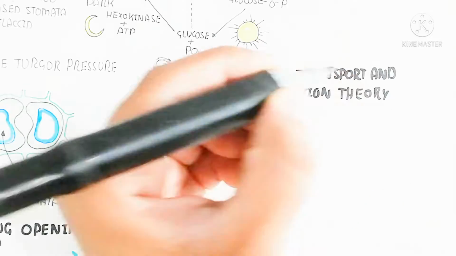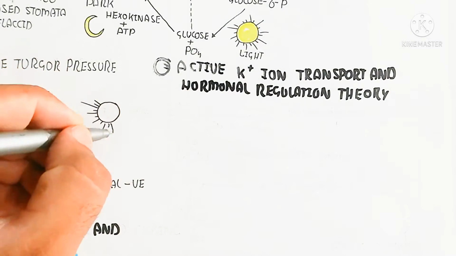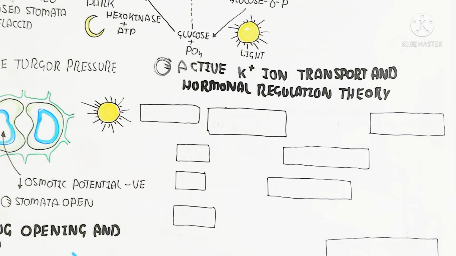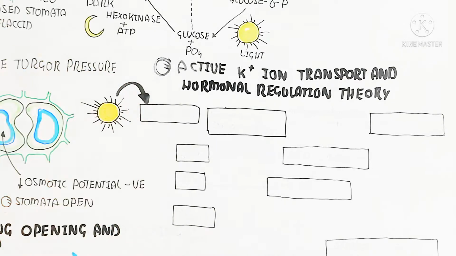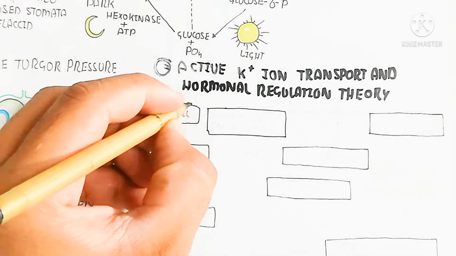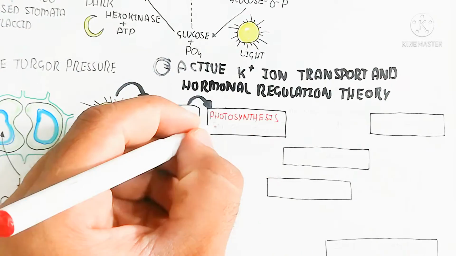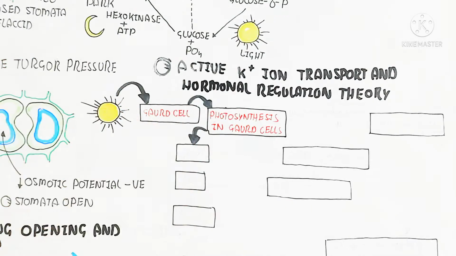Another theory is the active potassium ion transport and hormonal regulation theory. For example, during the daytime, the guard cell will be activated, and photosynthesis in the guard cell will occur. This photosynthesis will decrease the carbon dioxide because of the fixation of carbon dioxide in the Calvin cycle, and the use of carbon dioxide leads to a decrease inside the guard cell.